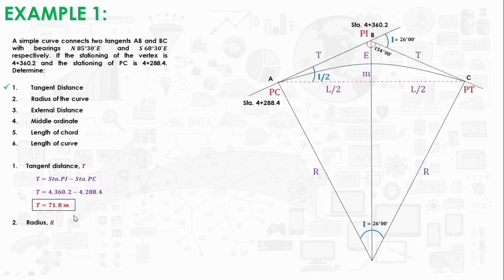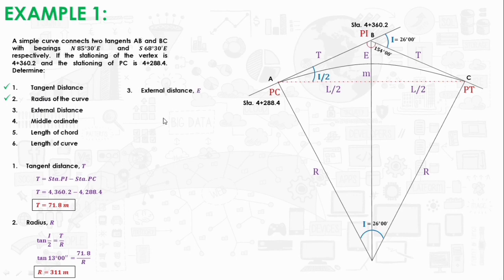Therefore, the tangent of I over 2 is equals to the opposite t divided by the adjacent r, or tangent of 13 degrees, kasi kalahati nitong 26 degrees, equals to the tangent t, which is 71.8, divided by the radius. So, therefore, the radius of the curve is equals to 311 meters. Ayan, meron na tayong tangent distance and meron na tayong radius of the curve.